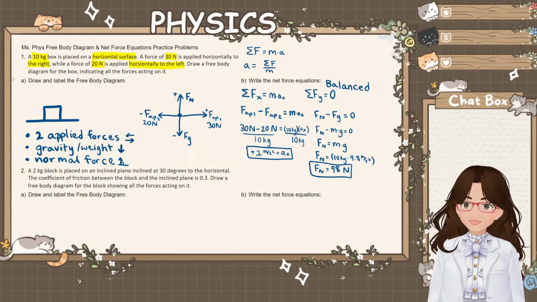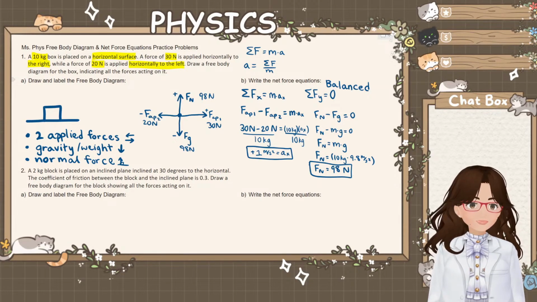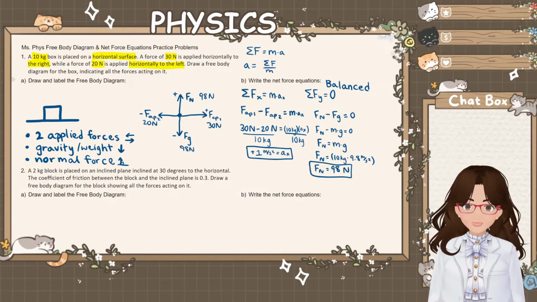So we know that this right here is positive 98 newtons, and the weight down here is also going to be negative 98 newtons. The thing that's really interesting about vectors is we can see that force is going to be the combination of mass, which is a scalar value, multiplied by acceleration, which is a vector.